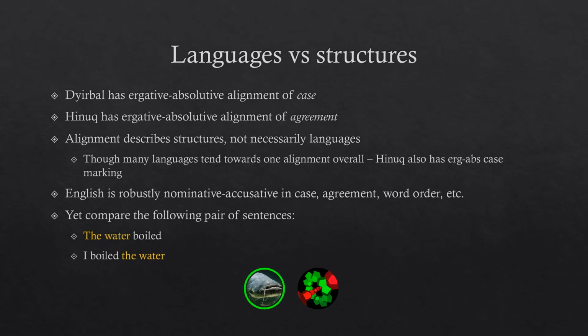If you think about the semantics, in both contexts you can think of the water as boiling, like water on the stove coming to a boil, regardless of whether I am there as a causer of the action. The water's role is still the same. So you'll notice that an intransitive subject and a transitive patient pattern together. This is actually an absolutive pattern.